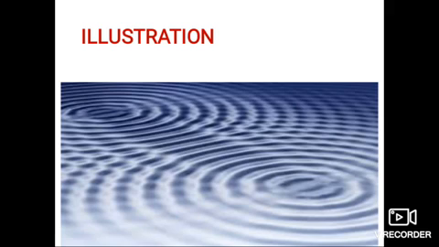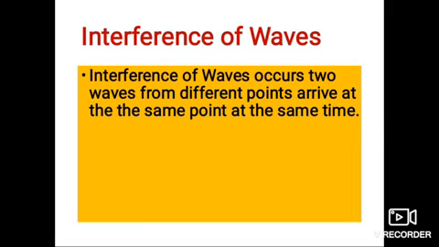Okay? So interference of waves occurs when waves from two different points meet at the same point and at the same time. When two waves from different points meet at the same point and at the same time, we call that interference.